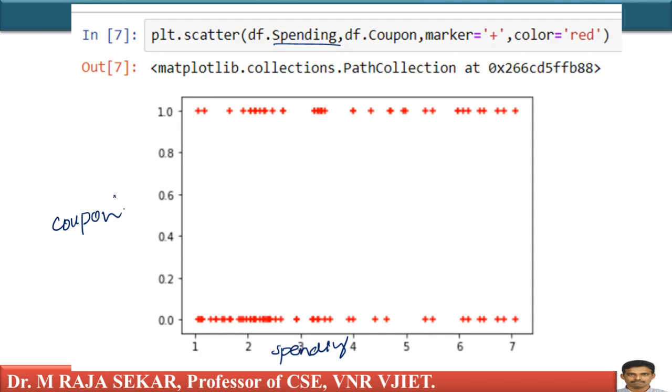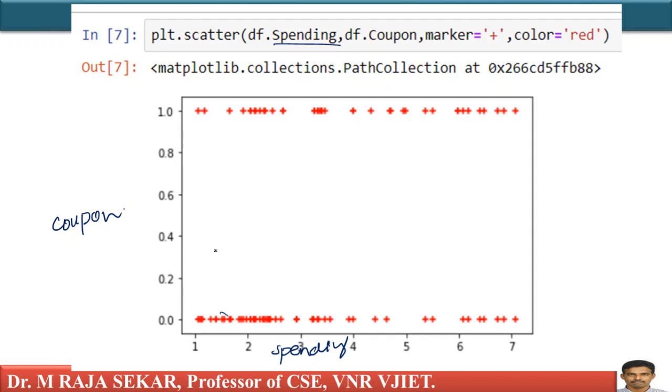Whenever their income is low, they are using coupon, and even when income is high, they are also using coupon. So you cannot construct a linear regression for this particular data set.